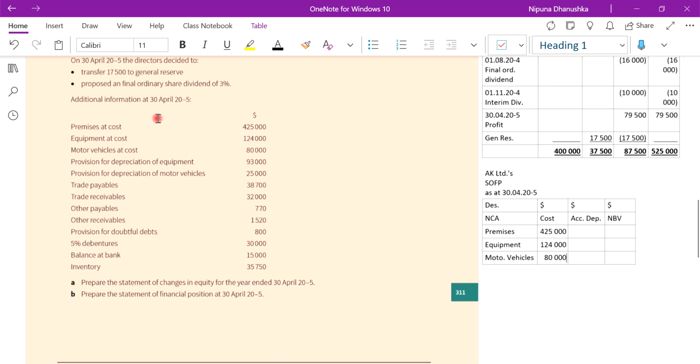The provision for depreciation on equipment is 93,000, and on motor vehicles 25,000.